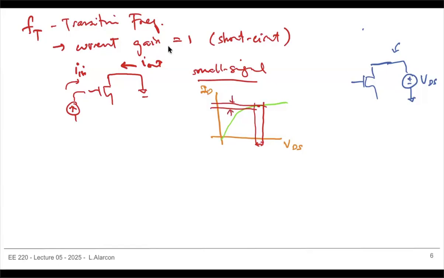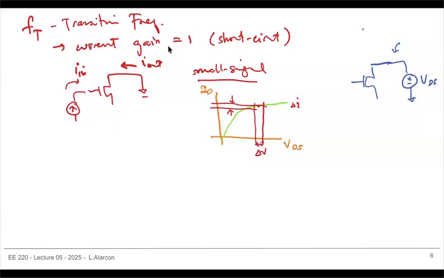So if I want a small signal short, what does that mean? It means that in a small signal short, the change in voltage is equal to the small signal. That means this change, delta V and delta I. But what's a short? A short means the voltage is always zero, right, for any current.